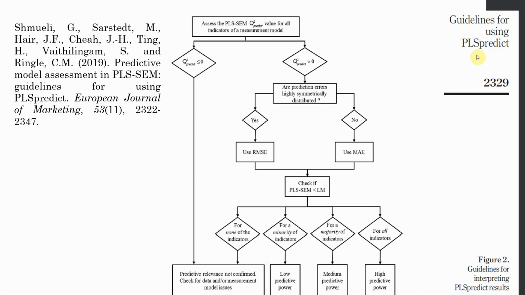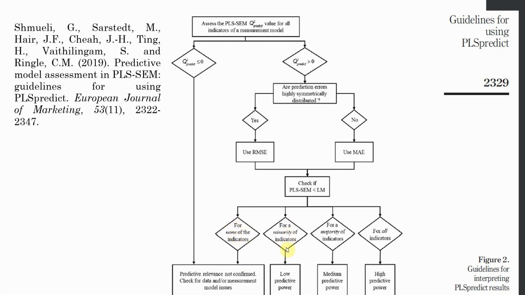Now these are the guidelines for using PLS Predict. If your Q-square predict is greater than 0 and you check that prediction errors are symmetrically distributed and not too extreme, use RMSE and check if PLS-SEM has lower prediction errors in comparison to the naive linear model. For none of the indicators, then you've got serious issues.